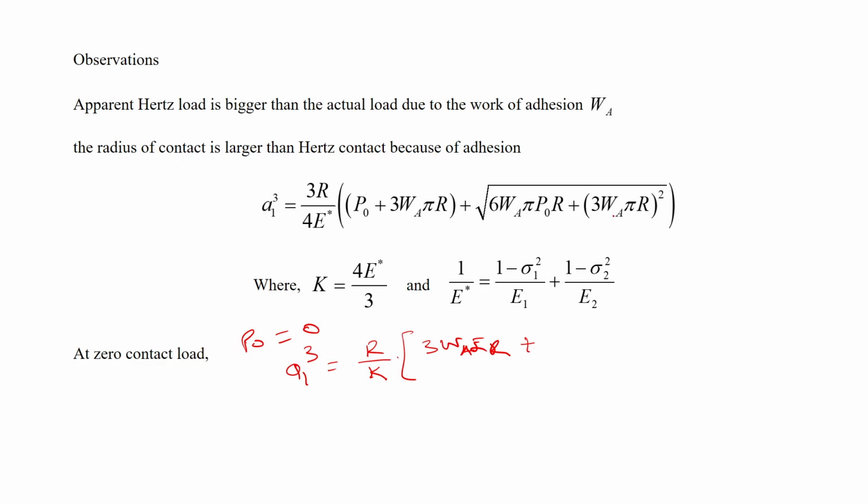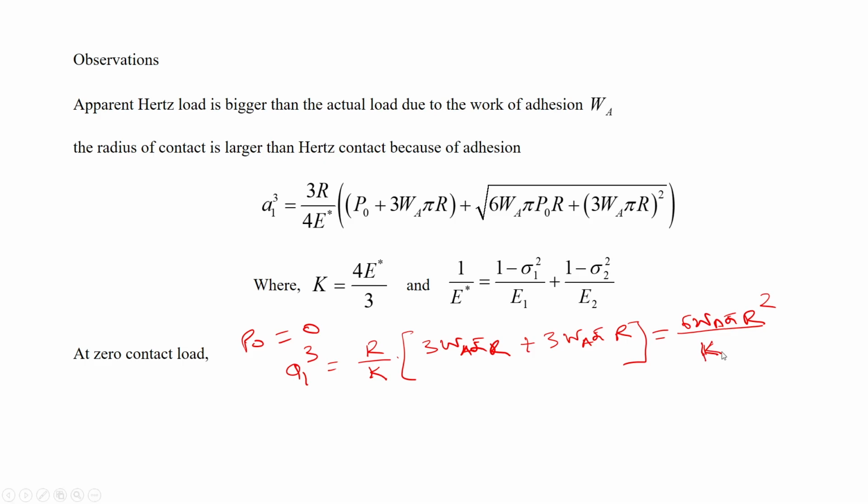So, plus from here I will get another 3 W_A pi R. So, you see here I am getting 6 W_A pi R square by capital K, right.